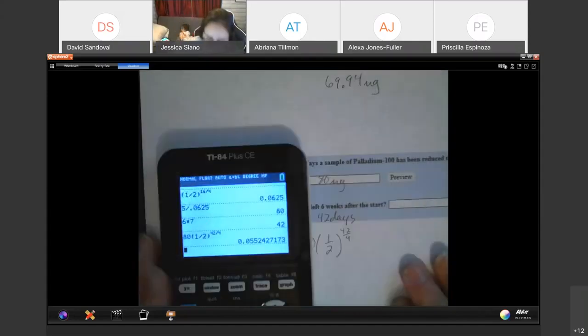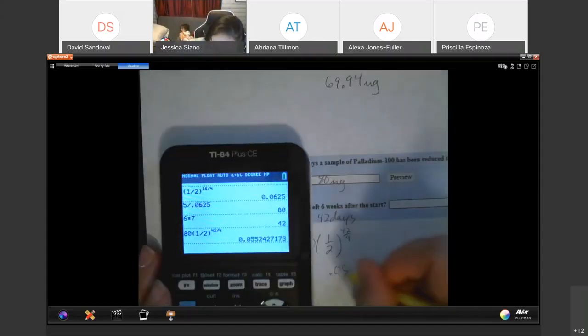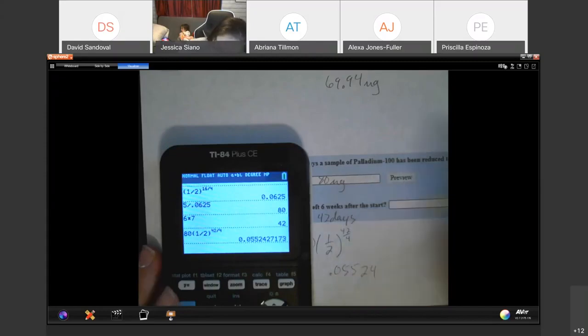Five decimal points. 1, 2, 3. There we go.